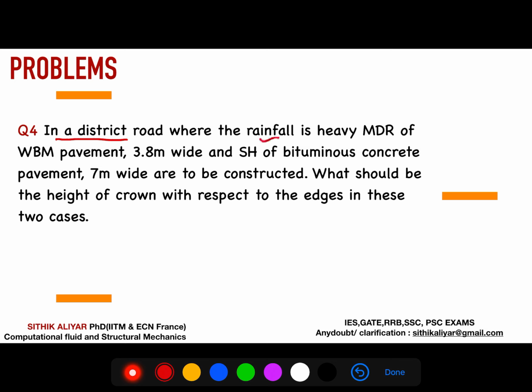So where the rainfall is heavy, there is a major district road, it seems, of waterborne macadam road. Waterborne macadam road is something like an earthen road. Macadam, okay, I will explain that. I hope you remember the macadam type of construction.